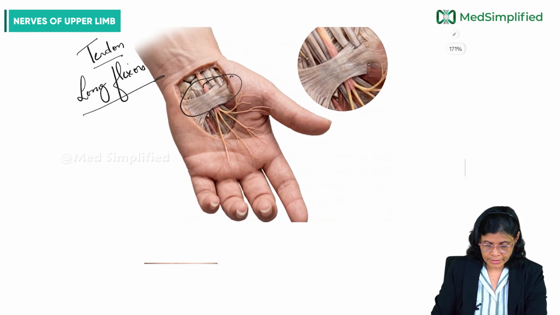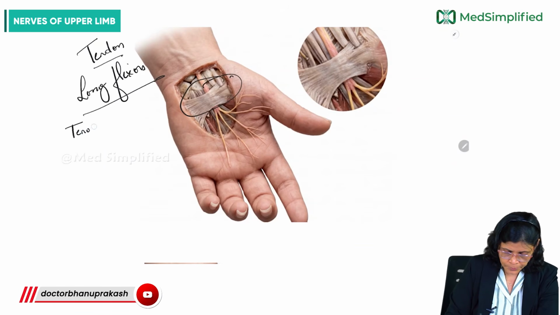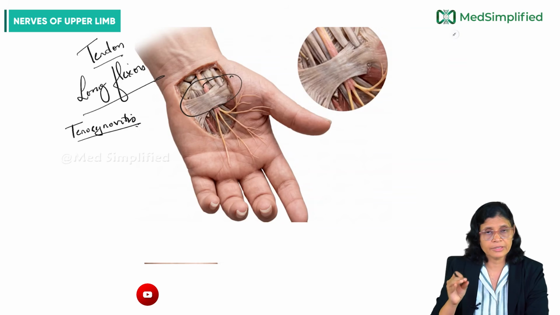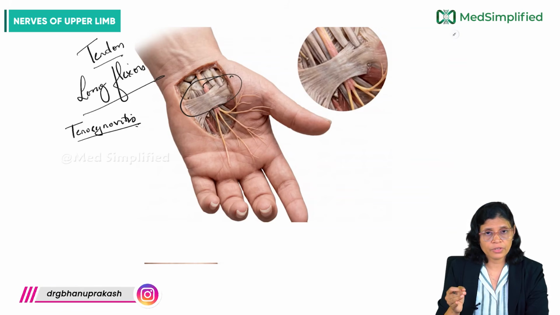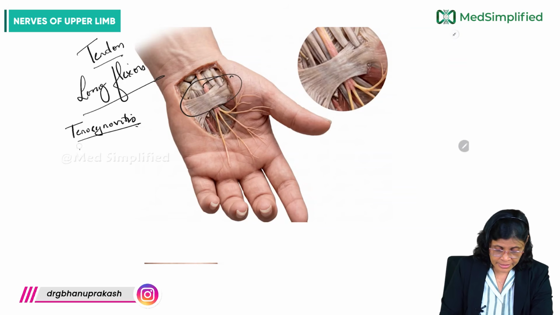One condition is tenosynovitis of the flexor tendons, because these tendons are covered by the synovial sheath as they pass through this tunnel. So there will be inflammation of this and that can result in tenosynovitis. Then we have myxedema.